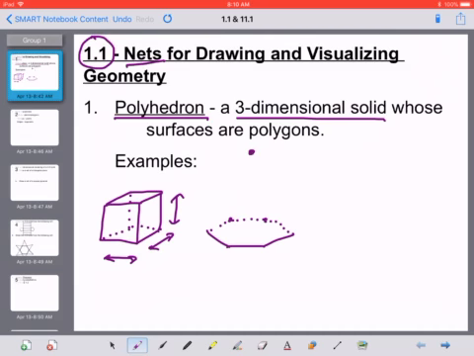And if I put a vertex up here at the top and connected that vertex to each of the 6 vertices of the hexagonal base, what we have there is a hexagonal pyramid. That's another example of a polyhedron, because what we just drew is a three-dimensional solid, and the surfaces are all polygons.